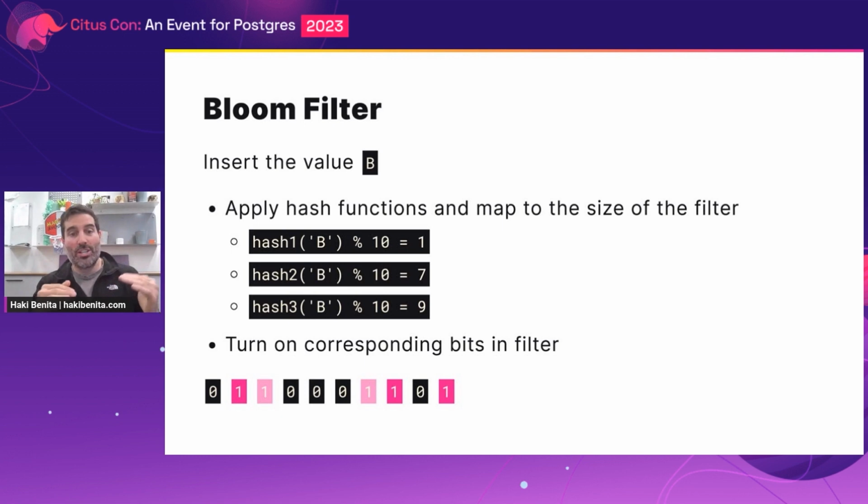If we want to insert the value B, we do the same process. We apply the hash functions on the value B, modulo 10, which is the size of the filter, and we turn on bits 1, 7, and 9. Notice that bit 9 was already turned on. So now we have 5 bits turned on in our filter.